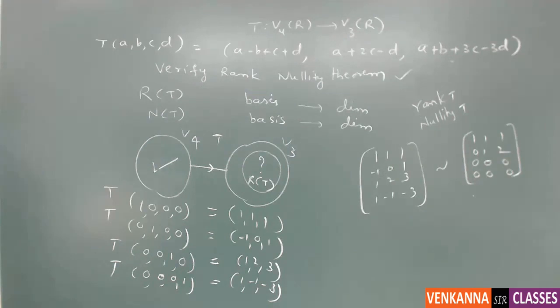So take a minute of time and please solve. Are you able to get a similar matrix like me? I will wait for you. So once you get the matrix, please notify me.